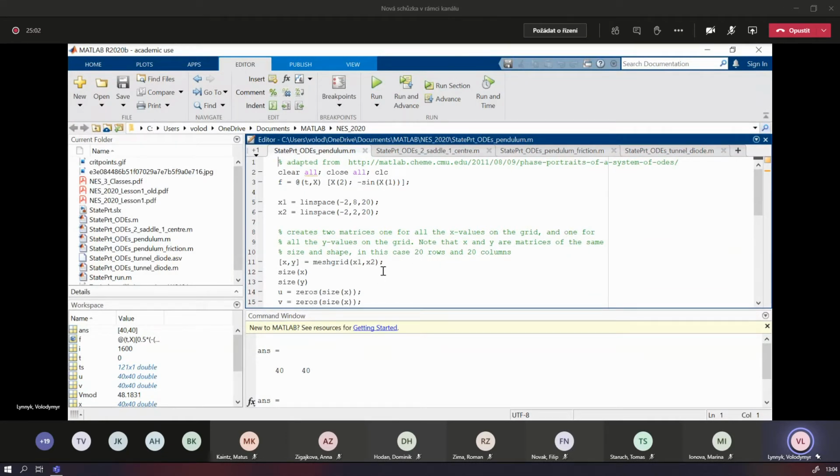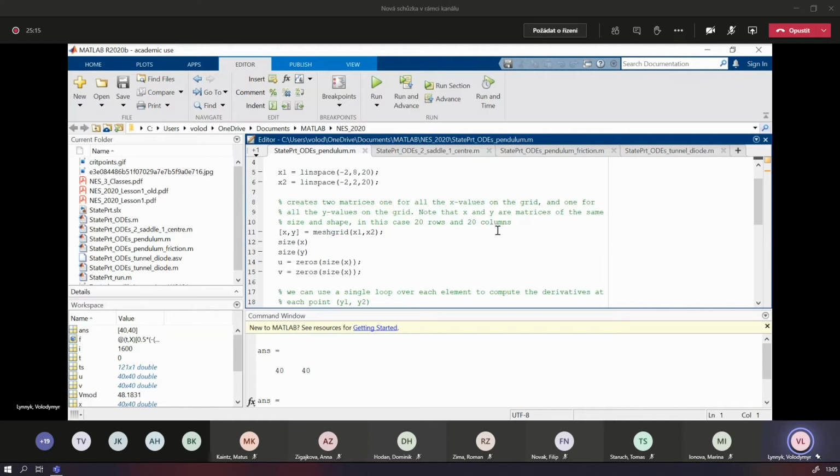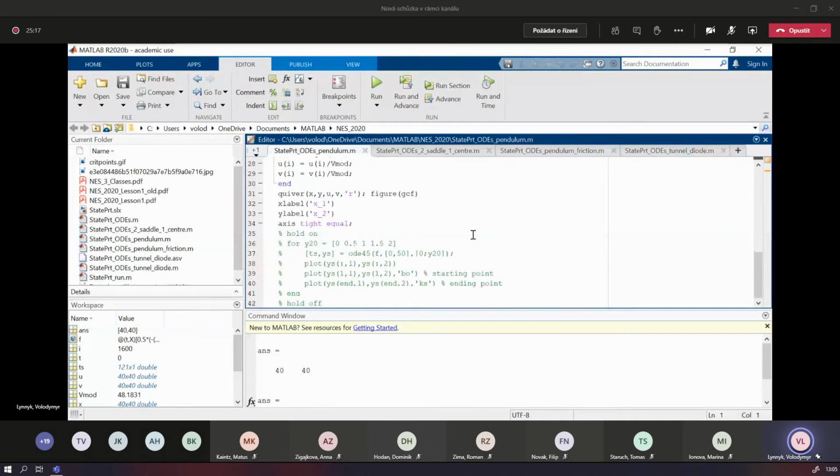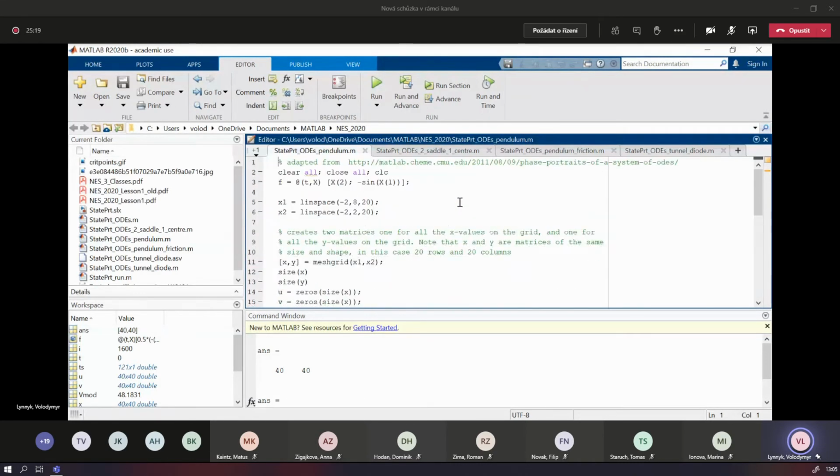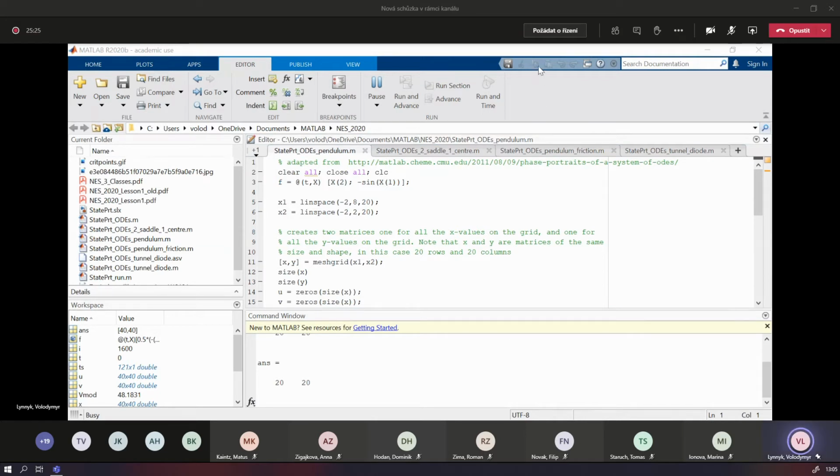Now I show you how we can make this vector field of the pendulum without friction. Can you see this figure?